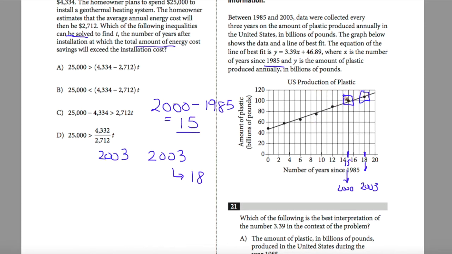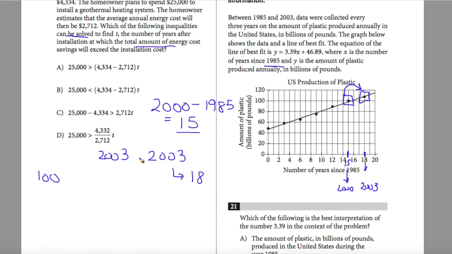Now the question is really asking what is the percent increase going from this point to that point, from 2000 to 2003. In year 15, or year 2000, 15 years after 1985, we see that we have 100, right? 100 billions of pounds of plastic.